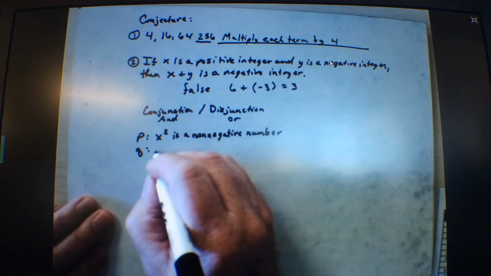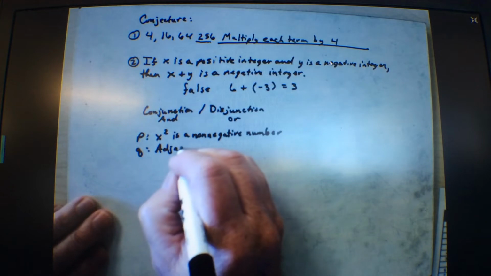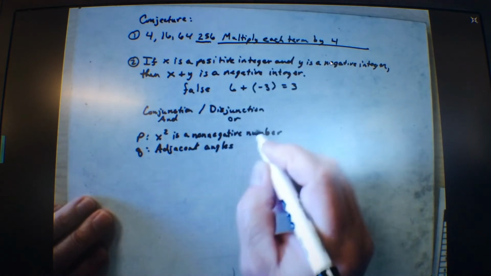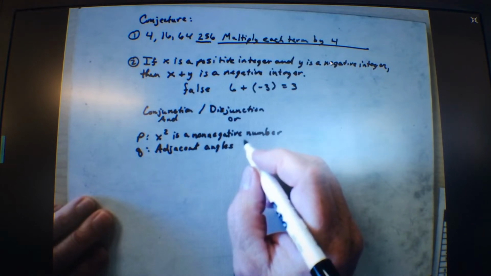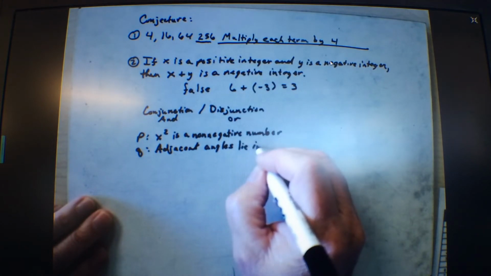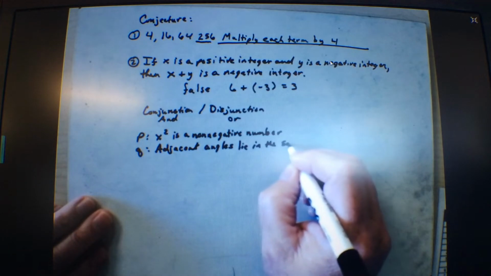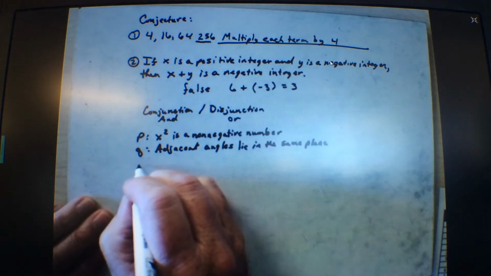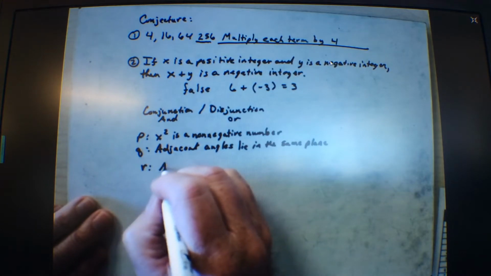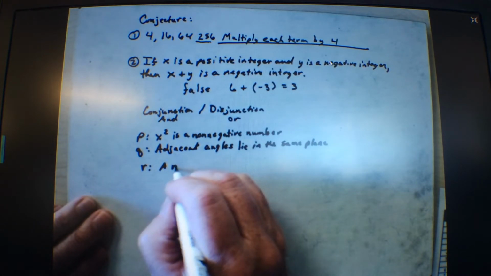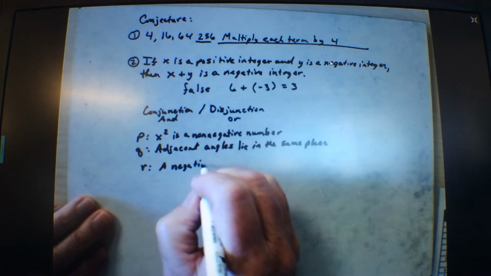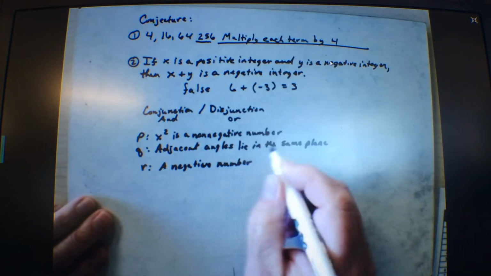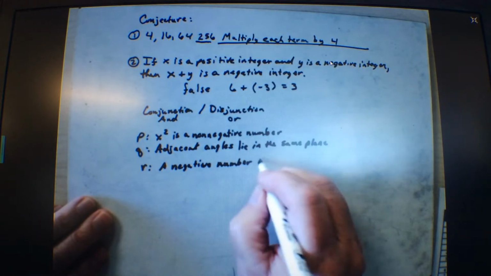X squared is a non-negative number. Q is adjacent angles lie in the same plane. And then R is a negative number is not a real number.